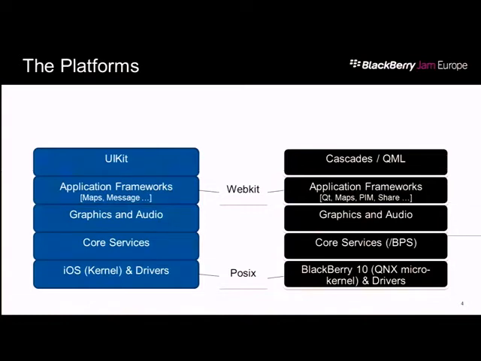However, there are certain cases where you do need to go to this layer for, let's say, certain Bluetooth APIs or certain keyboard APIs, and some of those have not been exposed in Cascades yet. Then there are the graphics and audio APIs, and we build on top with the application framework APIs, like maps and message. We're going to go over the details of these and how they compare a little bit later on.